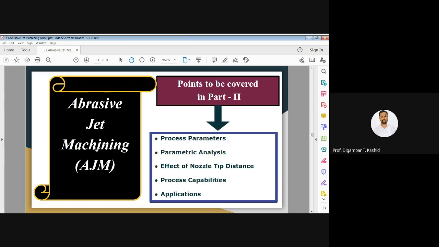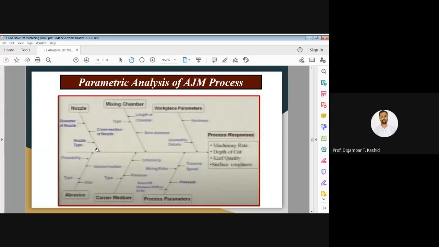As I have mentioned, it is important to understand the effect of various process parameters on the performance of the abrasive jet process. So here I will give a brief parametric analysis of the abrasive jet machine. Parametric analysis means what are the different input parameters which will affect the output or the process response.